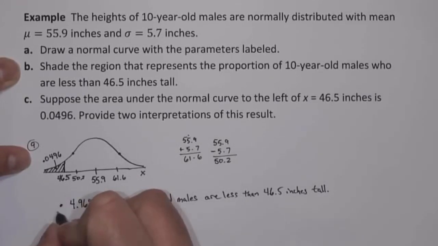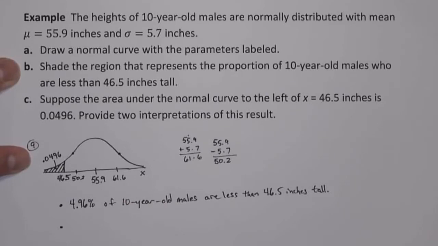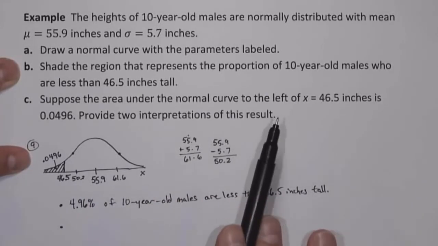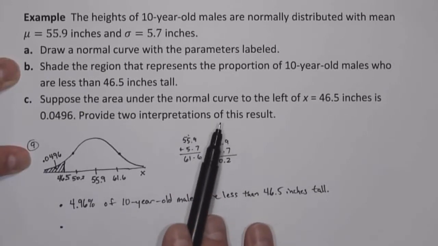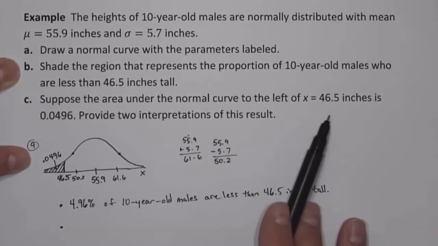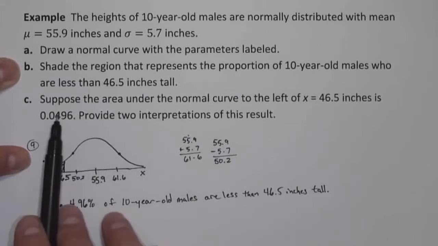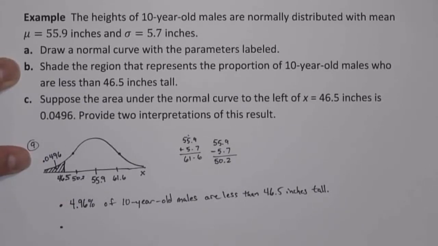That's one interpretation. Our other interpretation, if we were to randomly select one 10-year-old male, then the probability that that 10-year-old male would be less than 46.5 inches tall would be 0.0496.